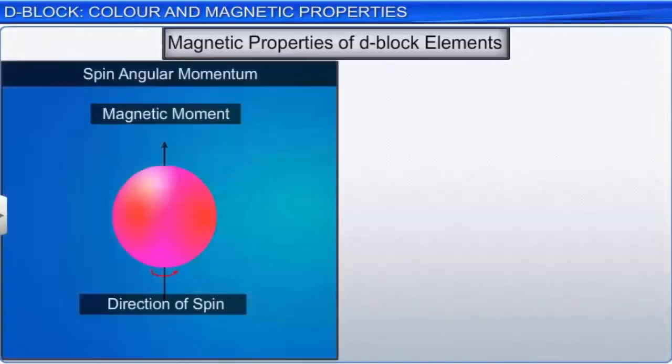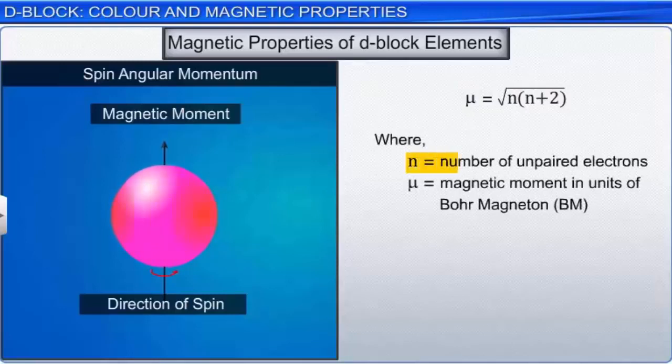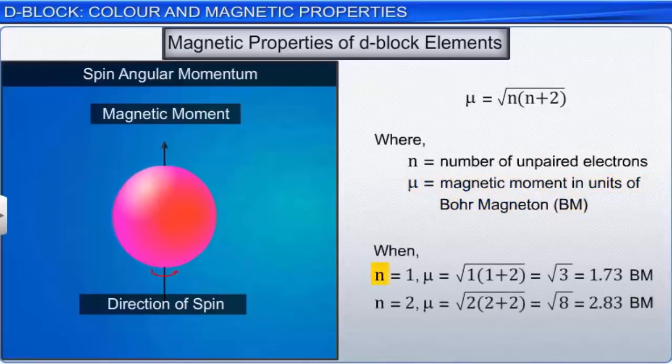Here, n is the number of unpaired electrons and mu is the magnetic moment. When n is equal to 1, the magnetic moment is 1.73 Bohr magnetons, and when n is equal to 2, we get 2.83. In case of iron, cobalt and nickel, the unpaired electron spins are much more pronounced. As a result, these elements are much more paramagnetic than the rest of the elements.